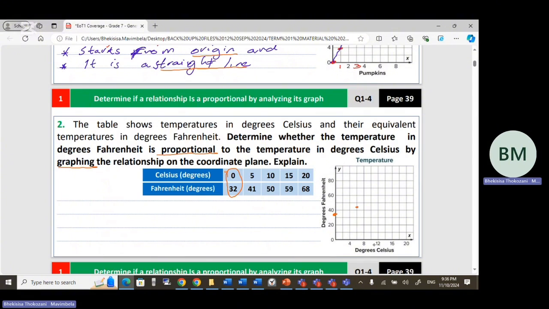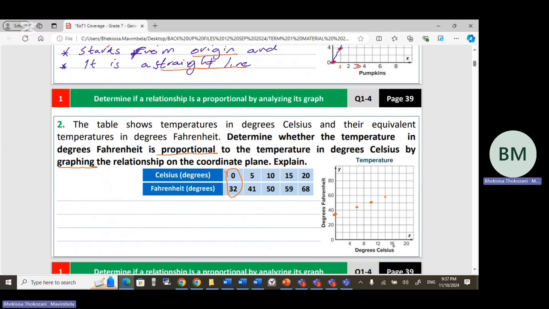When it is 10, it's 50, so my 50 will be somewhere here. And when it's 15, it is 59, so just below 60.